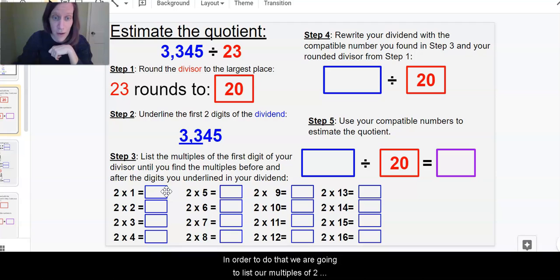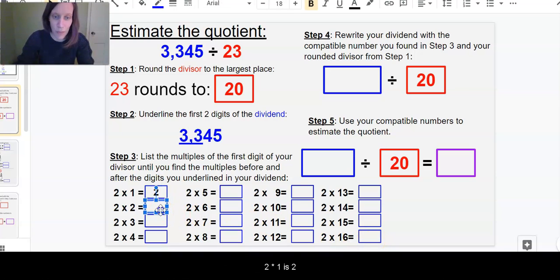So in order to do that, we are going to list our multiples of 2 until we get really close to 33. So this one has a few extras, but it should be pretty simple because we're just counting by 2's. So 2 times 1 is 2, 2 times 2 is 4, 2 times 3 is 6. So we're just counting by 2's until we get close to 33.